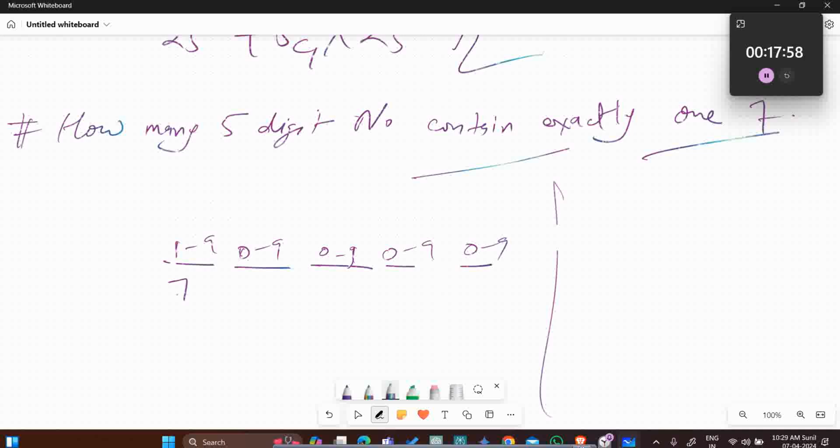When it has 7 here, what can we not use? We cannot use 0 and 7. So how many options are we left with here? 8 only. Then is it 8 or is it 9? Is it 8, 8, 8, 8? No, this is not how we do it.